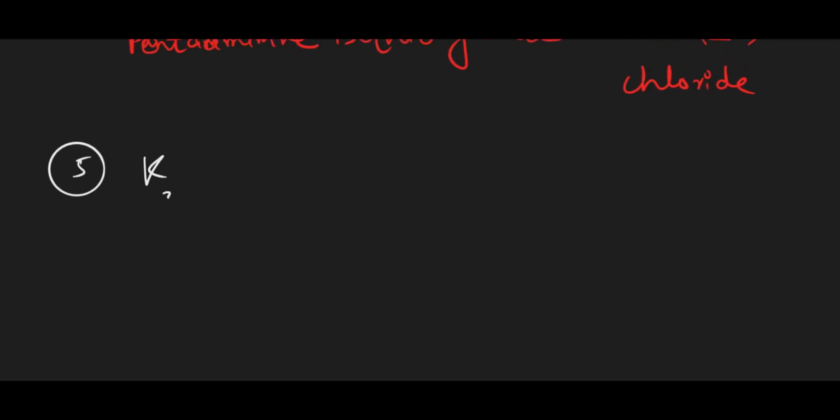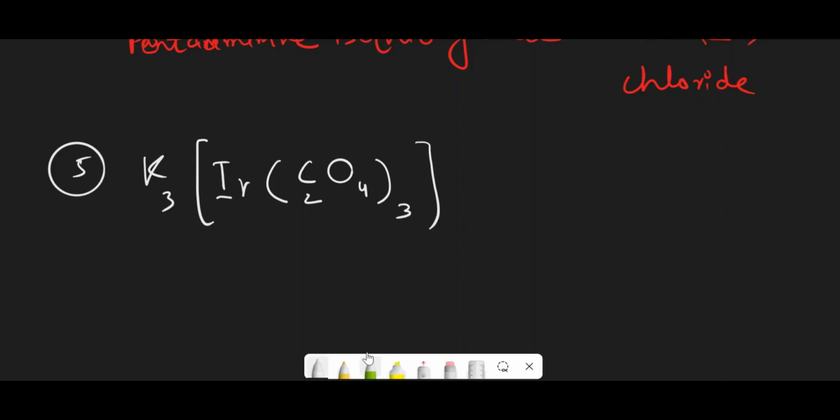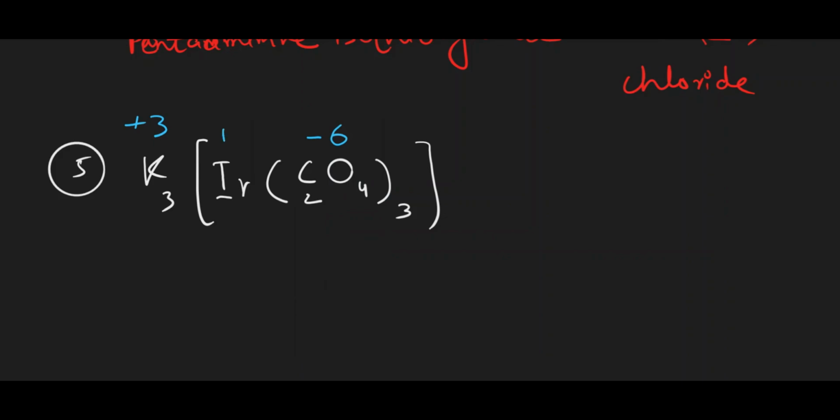It is potassium, iridium, and trioxalato. So now the oxidation state of the molecules, and iridium, its atomic number is 77.